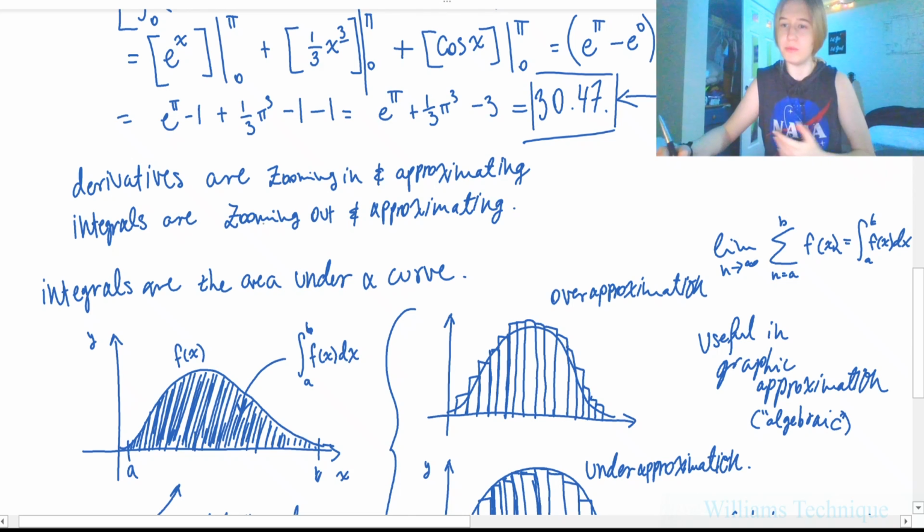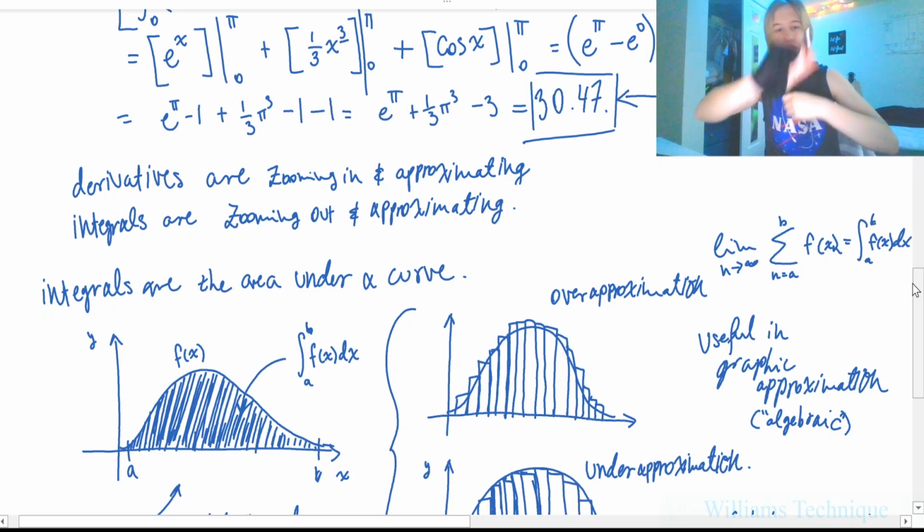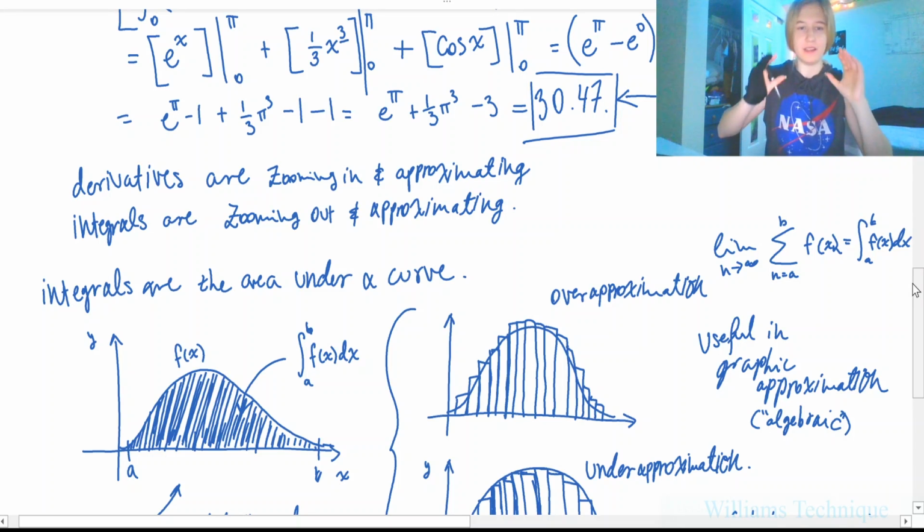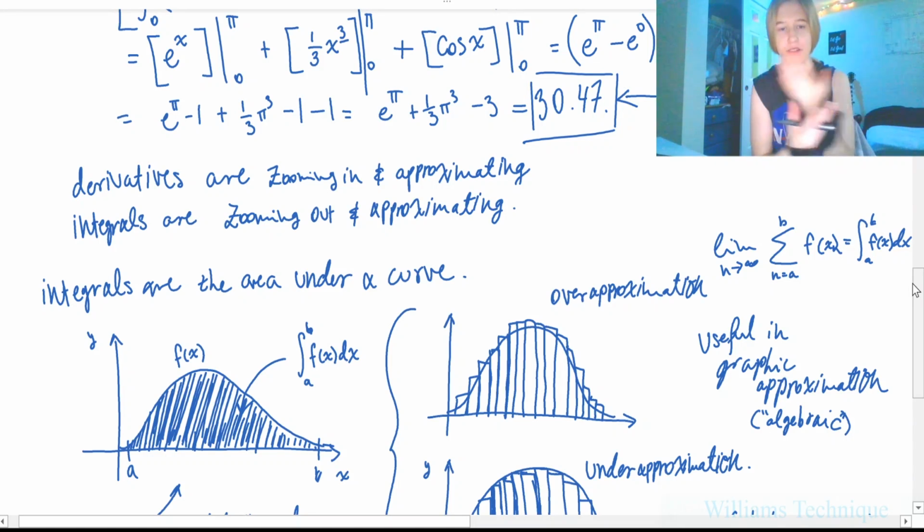And you can do that multiple times, infinitely many times, depending on how many points you have. Integrals are essentially zooming out and still approximating, but also adding another element to it. Because integrals are essentially just the area under a curve, if we're talking simple terms.